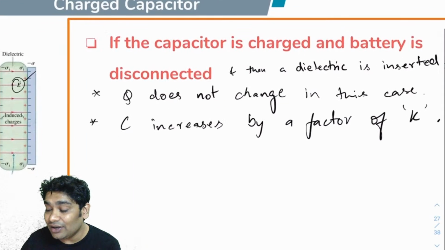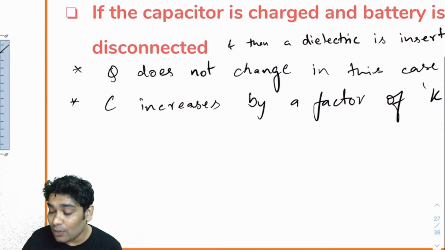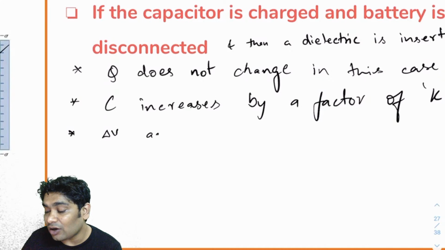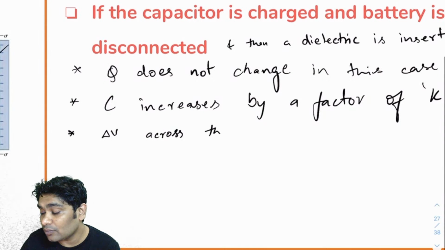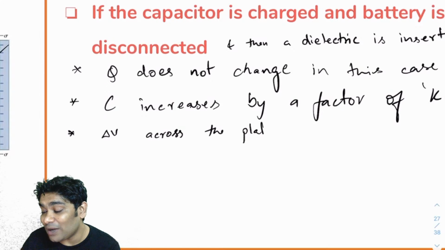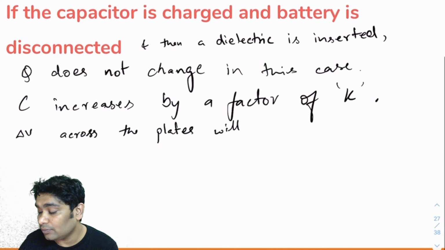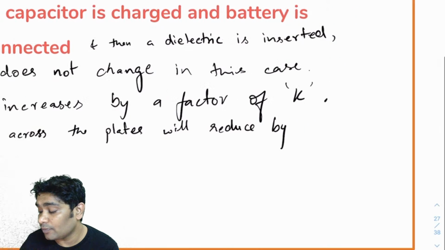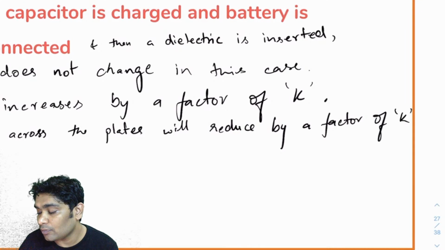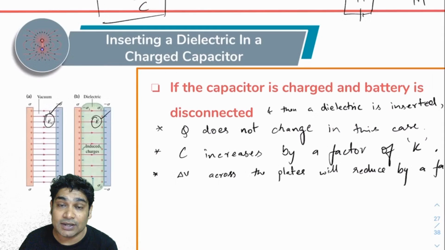So as a result, your delta V across the plates would reduce by a factor of K. Alright, so please remember this.